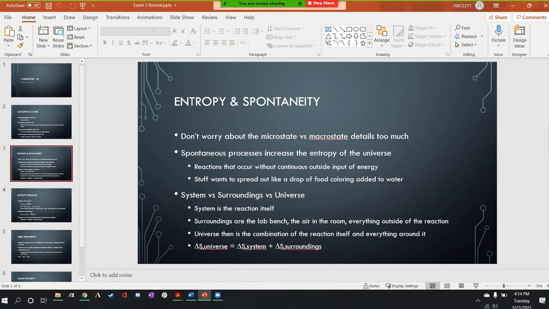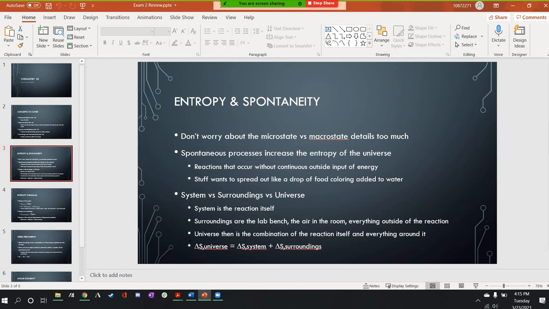In terms of chemistry, when they're talking about finding the entropy of the system, it's the reaction itself. It's the molecules combining and rearranging to form new molecules, and that's the system. The surroundings are literally everything else aside from the reaction itself. Or maybe you've been told that the system is the reaction vessel, the container where the reaction is happening. That's fine too. The point is that there's a system, which is a reaction, and the surroundings are everywhere else: all of Earth, all of the solar system, all of the rest of the universe, except for your reaction.